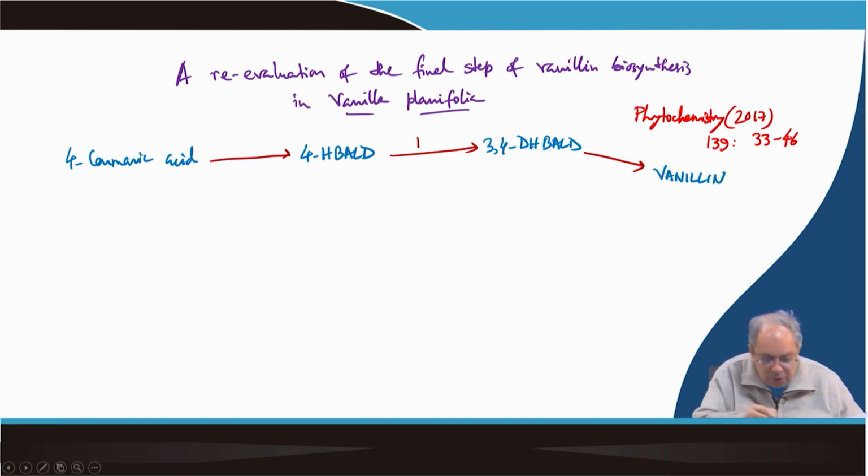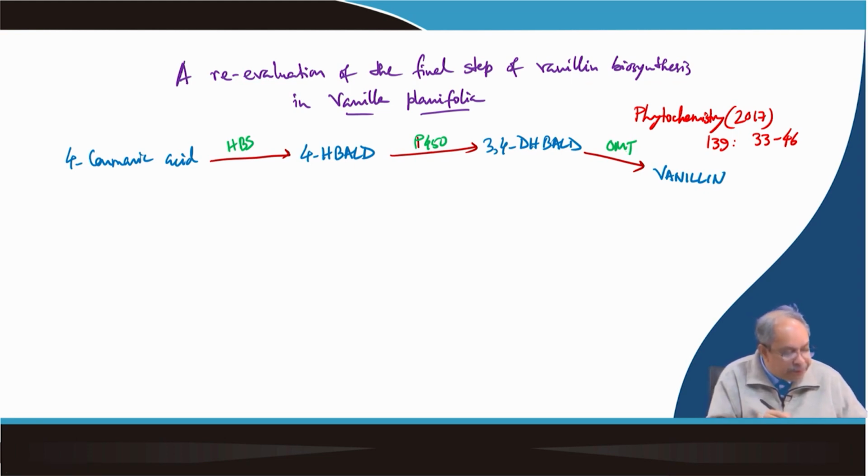This I have shown. The enzyme they said is an HBS, or 4-HBS type of enzyme, and this is a P450, and this is basically an OMT.